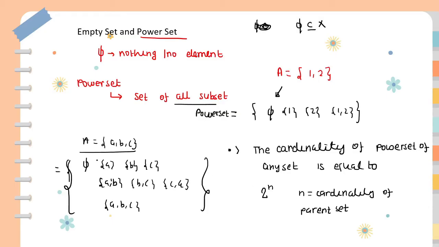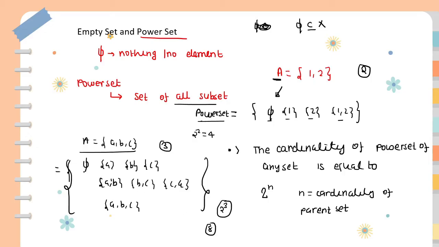So in this particular example, the cardinality of A was 2, so the cardinality of the power set of A will be 2 to the 2, that is equal to 4, and here 1 2 3 4 elements are there. Similarly, if the cardinality of A is 3, the power set of A will contain 2 to the 3 elements, that is equal to 8.